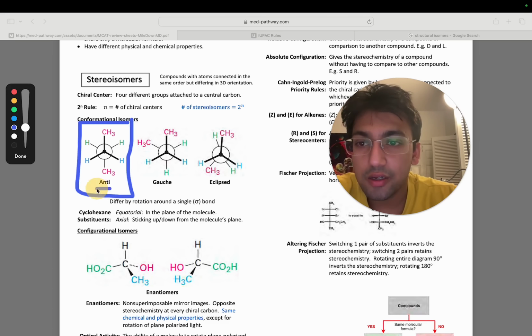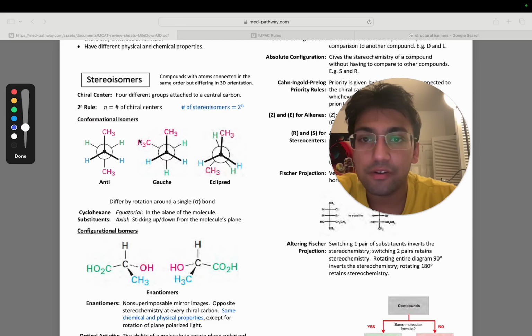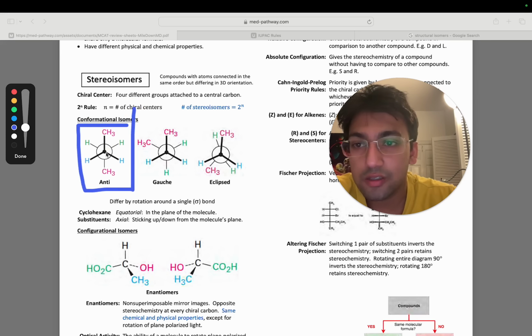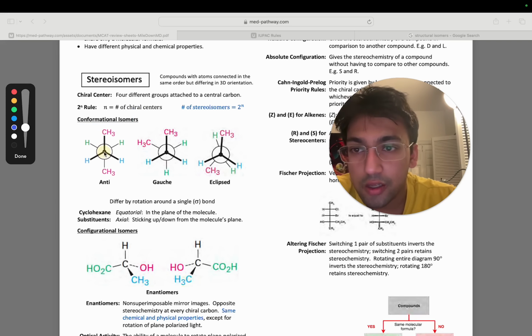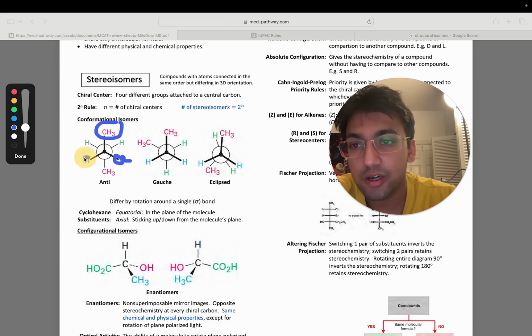The anti means that the 2 bulky groups are on opposite sides. First, let's talk about how to interpret these, because I was always confused about this. In this front circle, you have a carbon in the front, and this front carbon is attached to a CH3, a hydrogen, and another hydrogen.